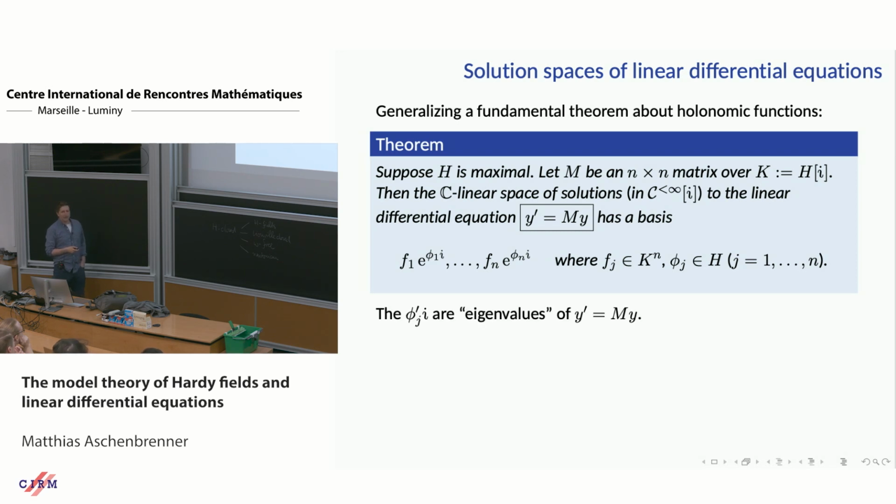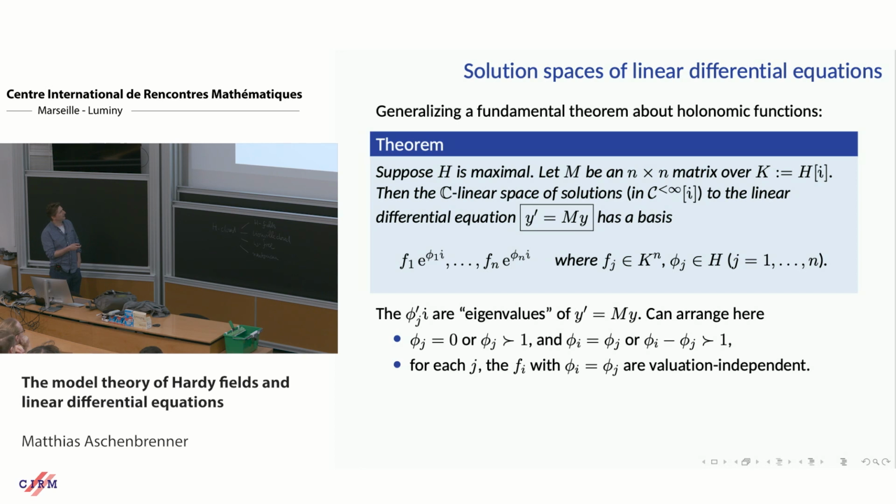One should think of these phase functions, or their derivatives, or to be even more precise, their cosets modulo the group of logarithmic derivatives of K, as some sort of eigenvalues of this system. So we define a notion of spectrum of a system of linear differential equations, and there's a little bit of algebraic theory about these eigenvalues.